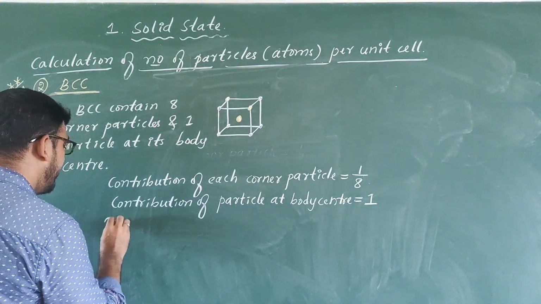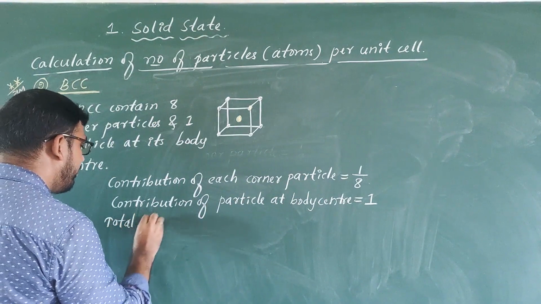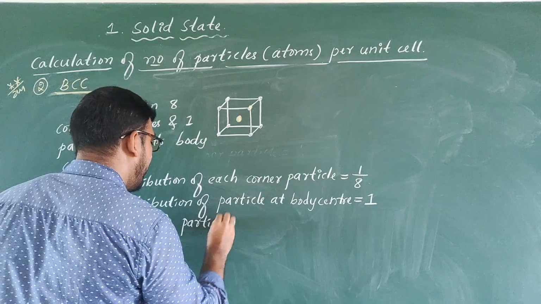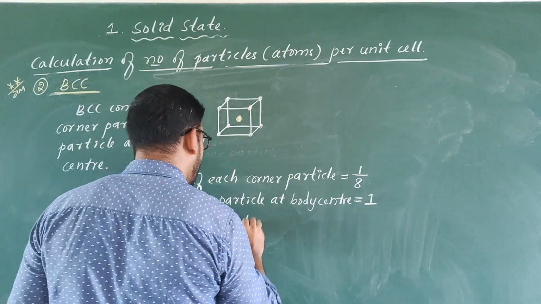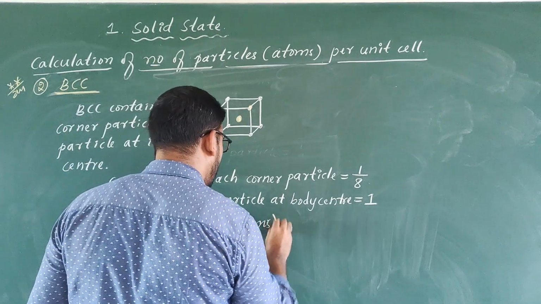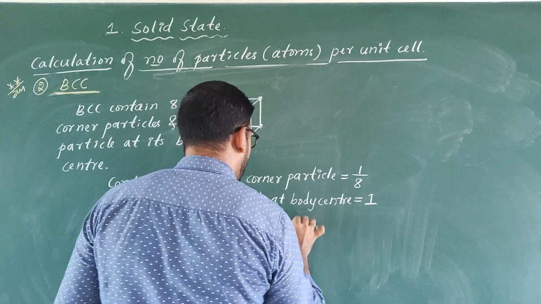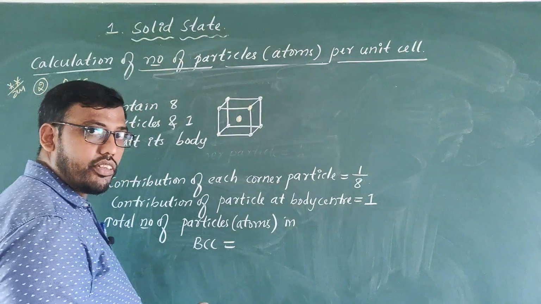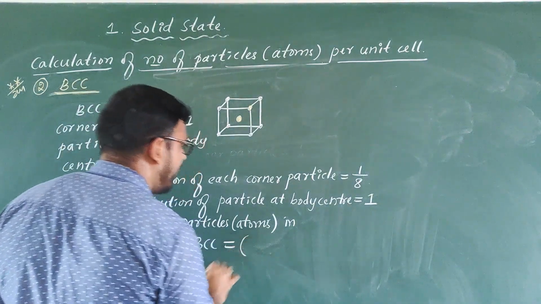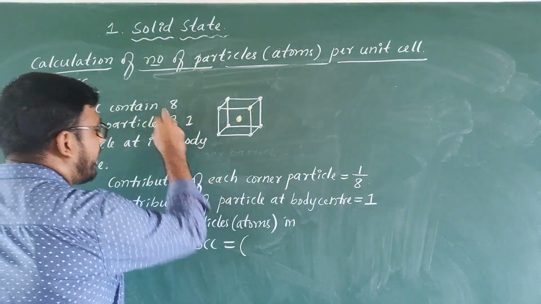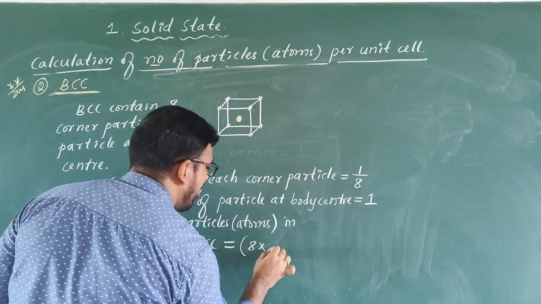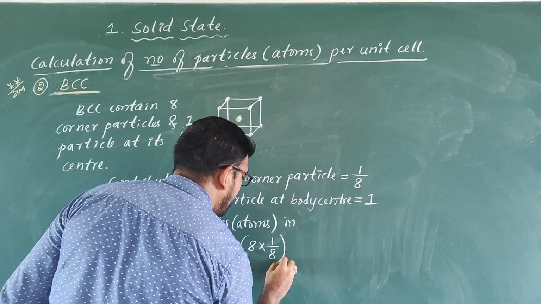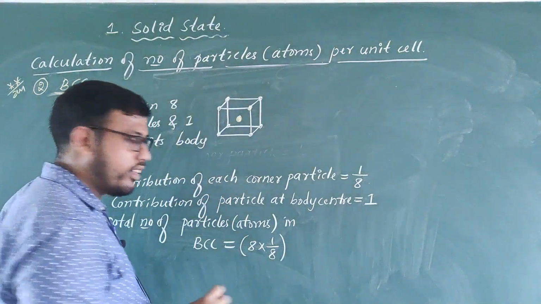Now let us calculate the total number of particles. Total number of particles or atoms in BCC is equal to, what about the corner particles? How many corner particles? 8. What is their contribution? 1/8. So this is about corner particles.